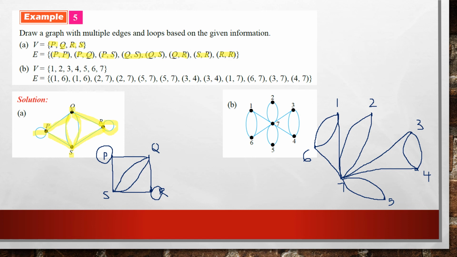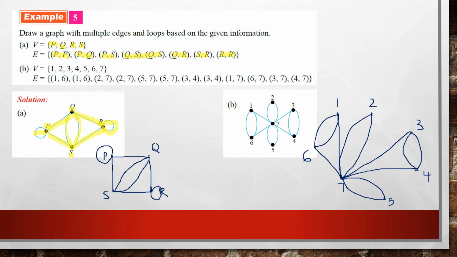Okay, so this is another example of how you can draw a graph with multiple edges and loops. So it must follow the condition. Okay, all the vertices should be there and the edges must follow as stated in the question.